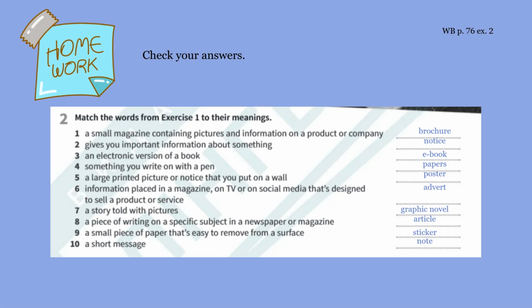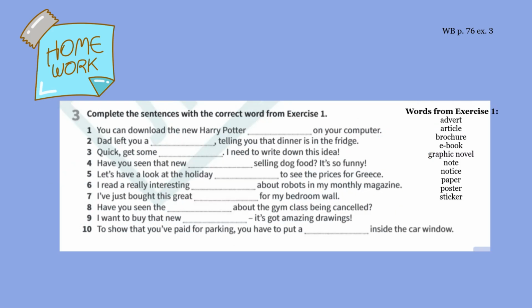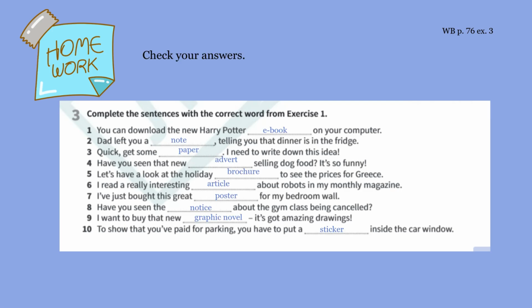A short message. It's a note. In the last exercise, number 3, you have to complete the sentences with the same words from exercise 1. You can read them again on the right hand. Pause the video, do the task, and then check. Check if your answers are correct.